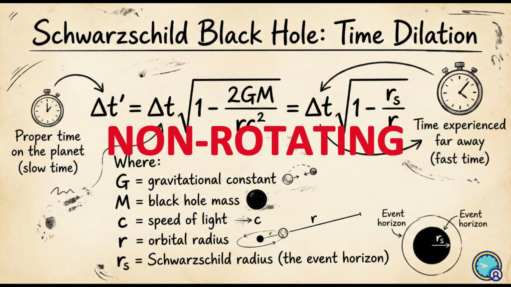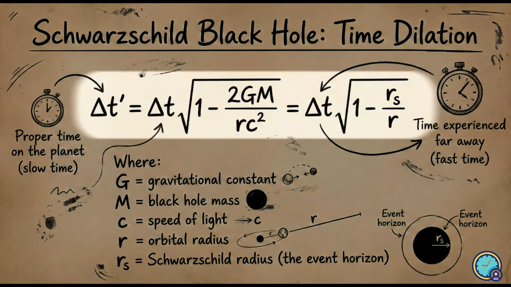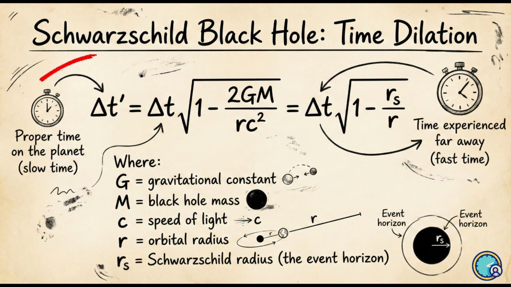For a non-rotating black hole, what's called a Schwarzschild black hole, the time dilation formula is Δt′ = Δt √(1 − 2GM/rc²), where Δt′ is the proper time on the planet, the slow time.